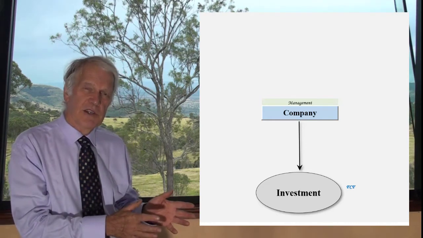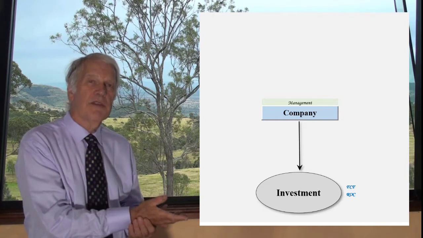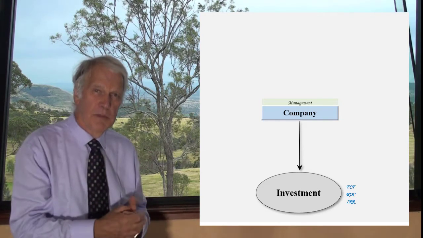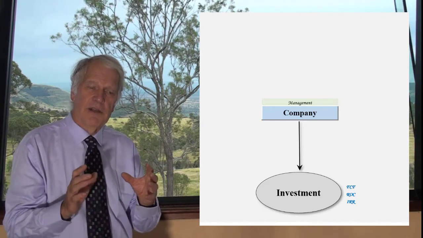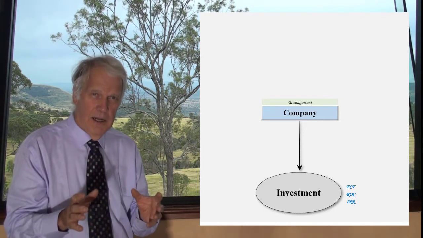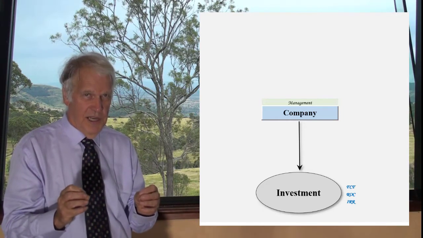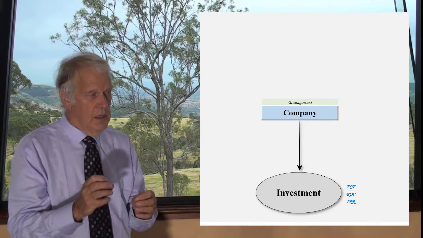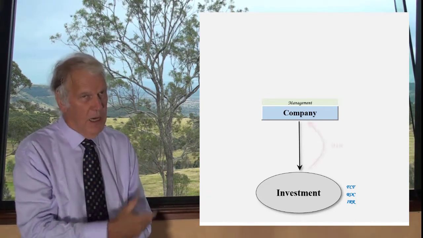If we have the free cash flow, we also have the return on capital, and also we have the IRR, because if you remember in a previous clip, we identified that free cash flow, return on capital, and IRR are all different expressions of the same thing. Now, for the moment, I'm going to call it the return on capital, the ROC.